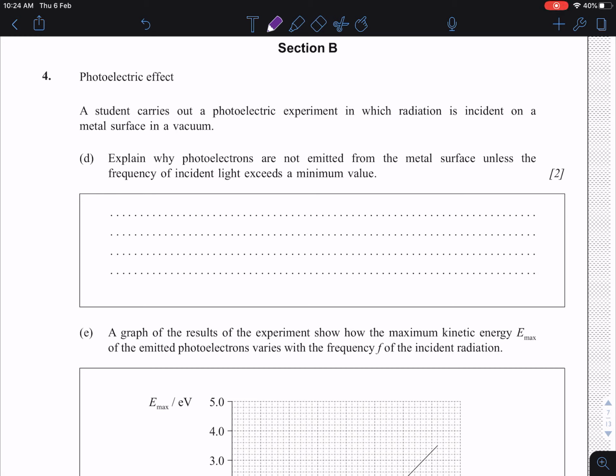Okay, question 4 here is on the photoelectric effect. The first question: explain why photoelectrons are not emitted from the metal surface unless the frequency of incident light exceeds a minimum value. Well, the light is made of photons with energy hf.